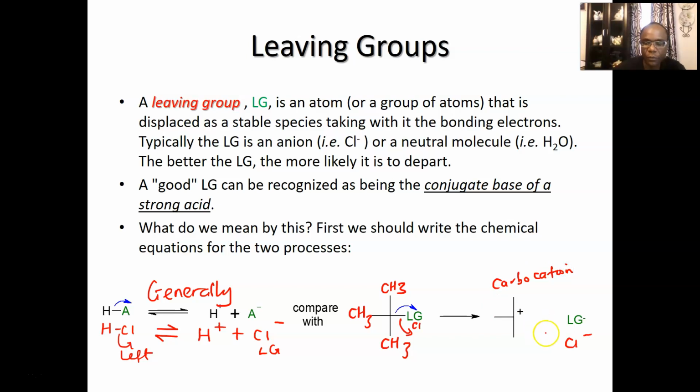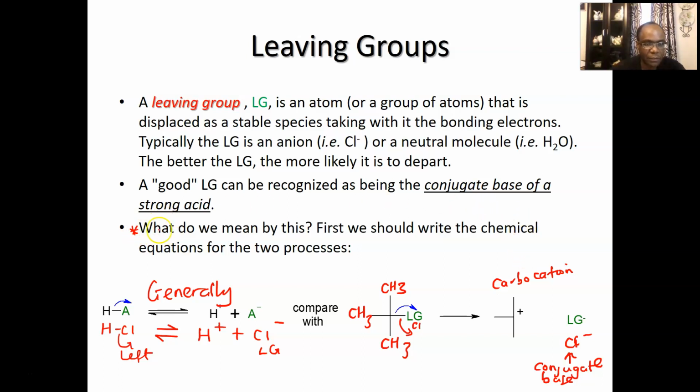Okay, so what helps these groups want to leave? They should make a weak conjugate base. So that's factor number one, basicity. You want it to be a weak base. And what makes a weak base? There are factors like electronegativity, resonance, and size.